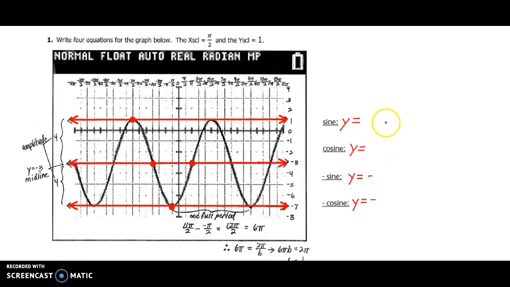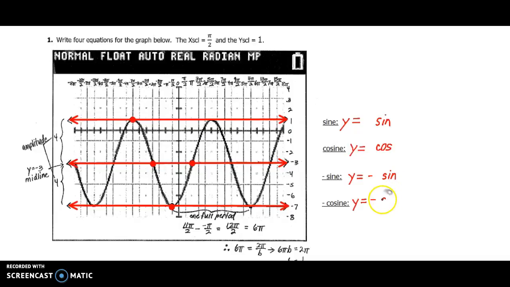Okay. Now I'm using a sine graph for this first one, so my a will go out front, but then I need a sine right here. For positive cosine, my a will go out front, but cosine comes next. I'm going to have a negative a here, which I'll fill in the a value in a little bit, but then comes sine.